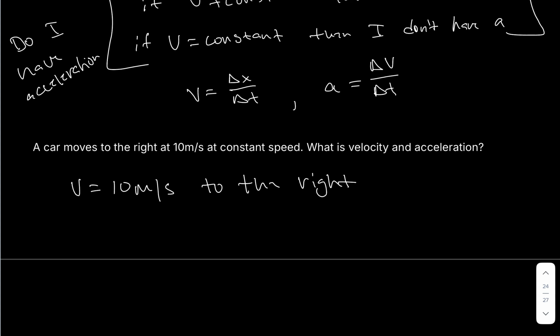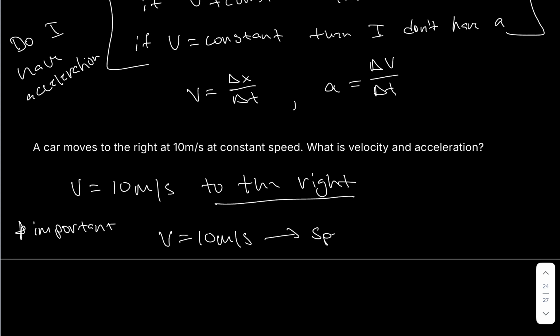If, so this is important, if I would have said v is equal to 10 meters per second, and I would not write the direction, and I just left it at 10 meters per second, this is my speed. So speed is just how fast or slow something moves.